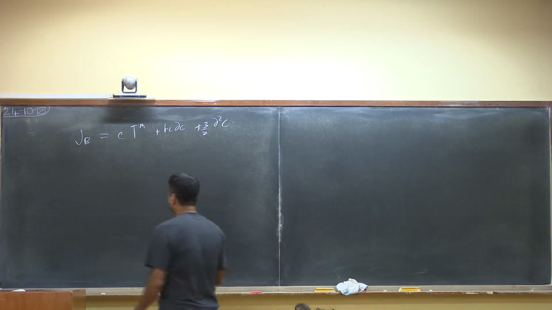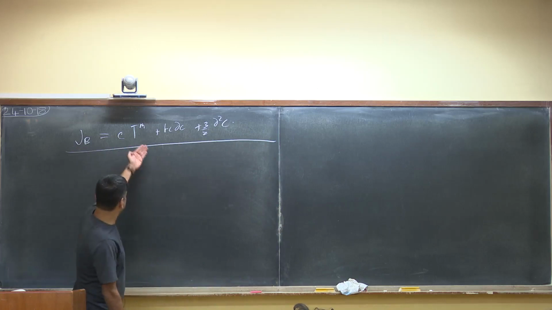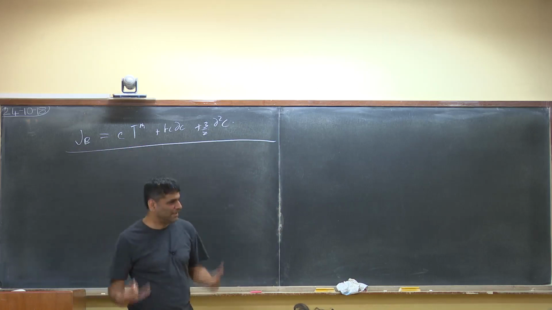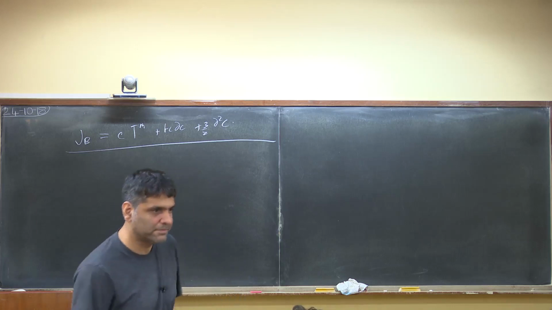And therefore we concluded that this quantity here was the BRST current, the current that generated the BRST transformation for our system.